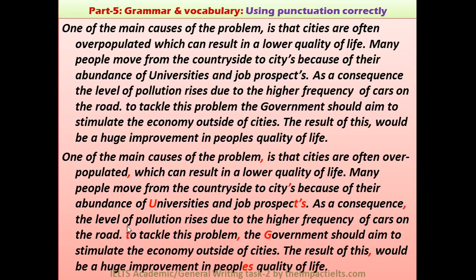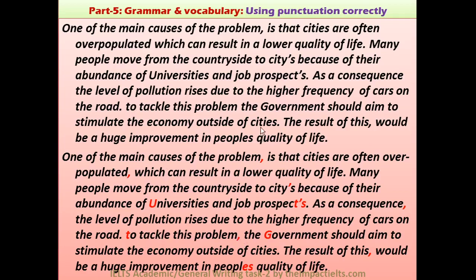There has to be a capital T, right? To tackle this problem, now again there's a comma because I'm adding a new sentence. It's a kind of dependent phrase. We started with a dependent phrase, to tackle this problem, so we need to use a comma and this would be capital, right?